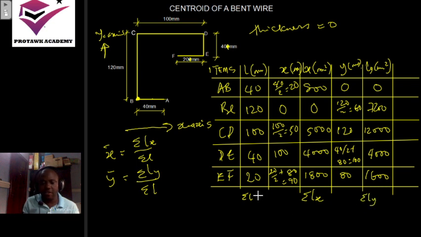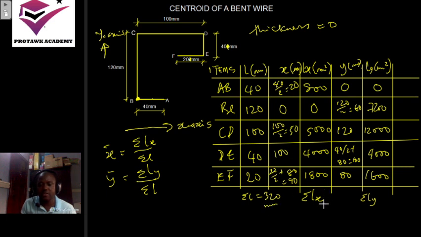So what is our summation of l? We have 40 plus 120, which is 160, plus 100, which is 260, plus 40, 300, 320. So we'll write this as 320 millimeter.